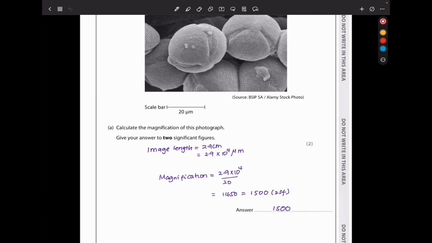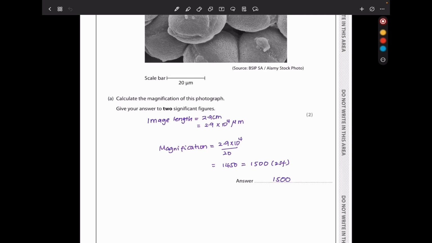Using my ruler, I measured this to be 2.9 centimeters, and that's going to be my image size. Converting that to micrometer is 2.9 times 10 power 4 micrometer. In my magnification, which is image length divided by the actual length, or image size divided by the actual size, it gave me 2.9 times 10 power 4 divided by 20, which is 1450, and to 2 significant figures is 1500 as my answer.